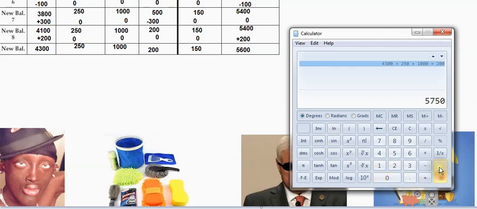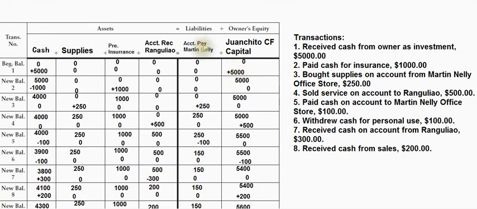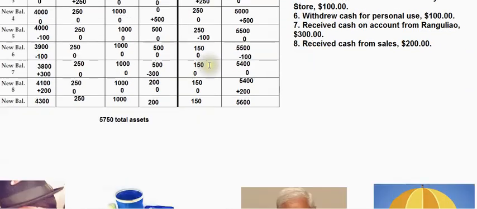You get 5,750. So I'm going to just write it here, 5,750. Yeah, you see, 5,750 is total assets.